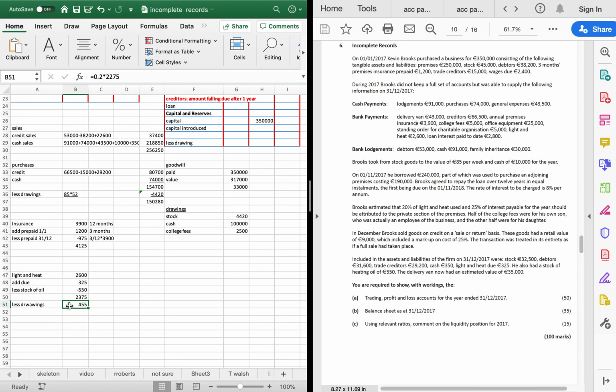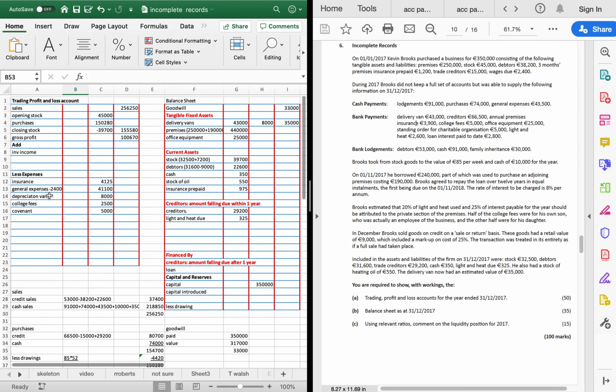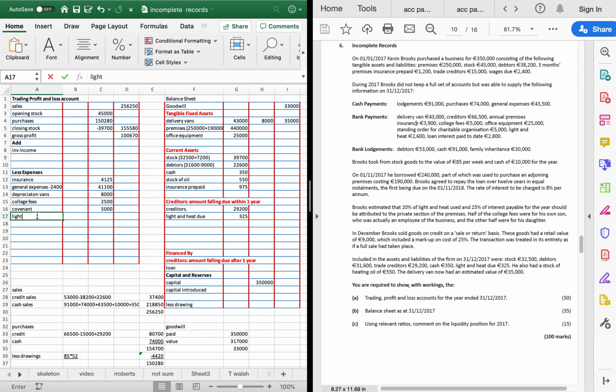So 2,375 then, isn't it? Yeah, so 475 gets taken away and 475 goes into your drawings. Okay, so your answer then is 1,900 for your expense. So into our expenses, light and heat, 1,900.